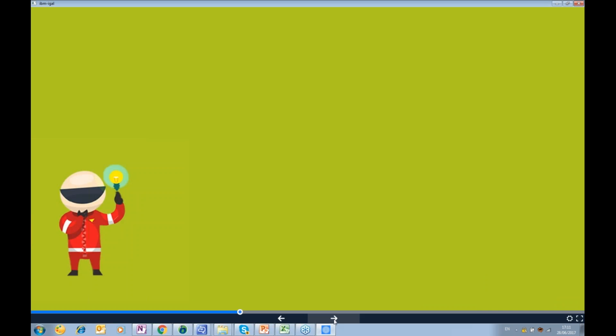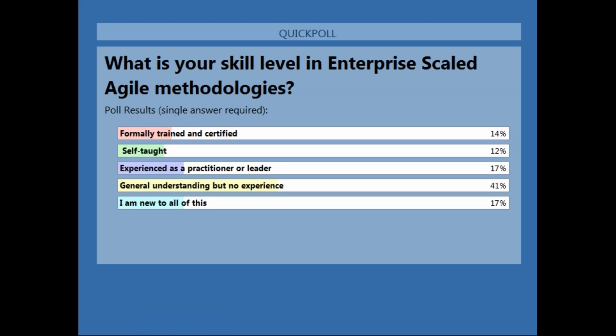And polling shows general understanding but no experience is over 40%. Yigal, is this about what you expected? Can you repeat the answer? Sorry, I thought you could see them up on the screen.